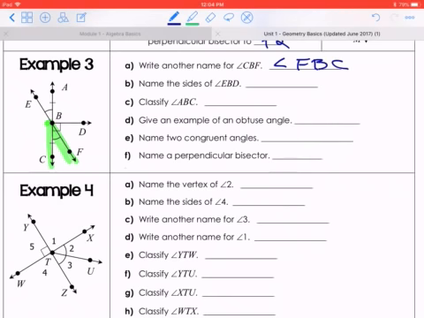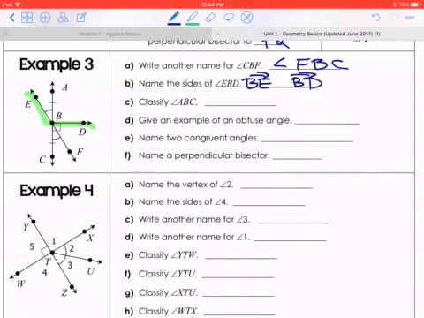If they want us to name the sides of angle EBD, it's always good to be able to pick out and identify the angle. So a side, remember those are rays. So we have ray BE and we have ray BD. Those would make up the sides of that angle.